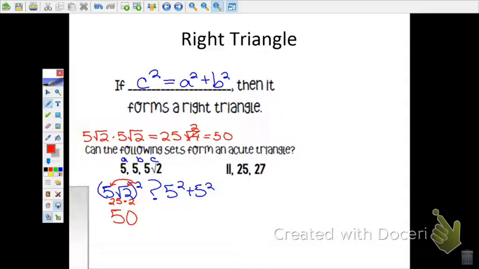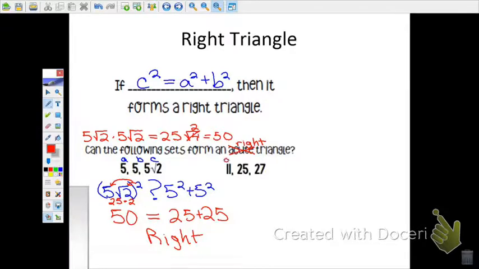We had some of those again on that face activity that we did. 5 squared is 25. So for this first problem, they are going to be equal. This was a typo. That should say right triangle. That's what we're talking about. So this is going to be a right triangle because they are equal.